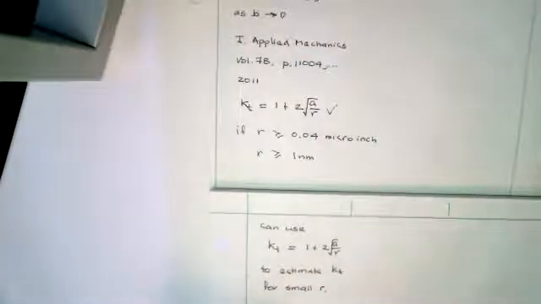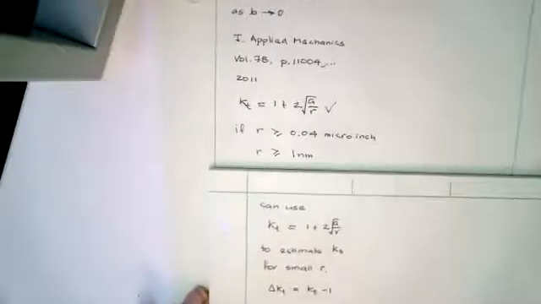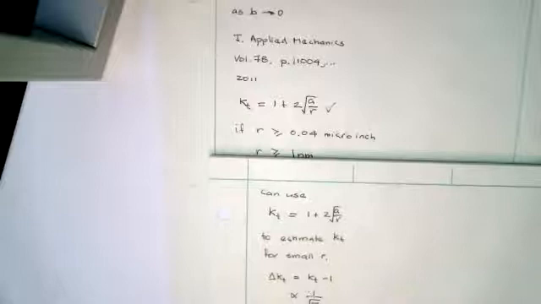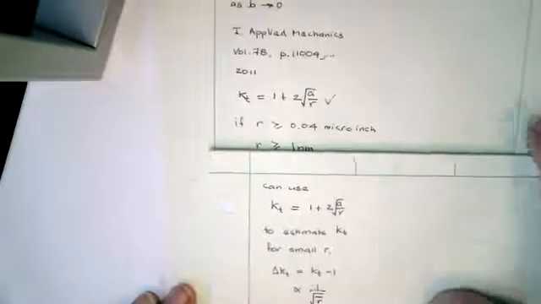What you've got is delta KT, which I'm going to define as KT minus 1. You've always got the 1. Then that's proportional to the inverse square root of a dimensionless radius.